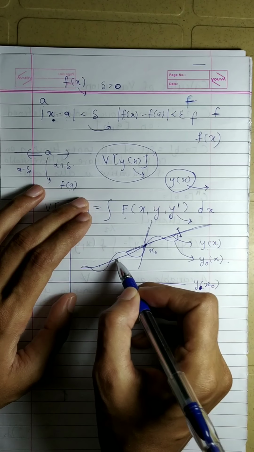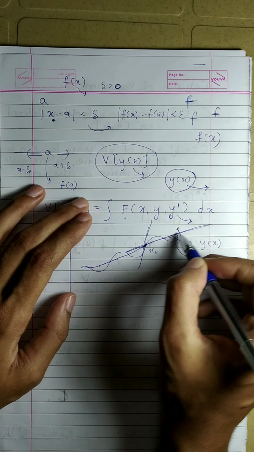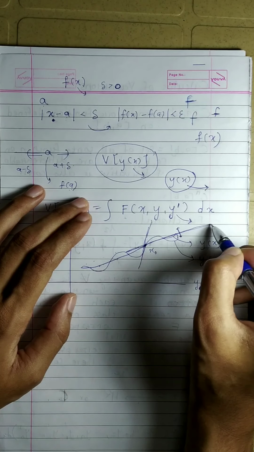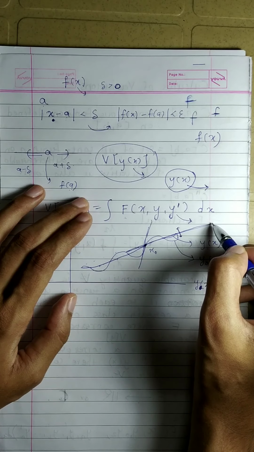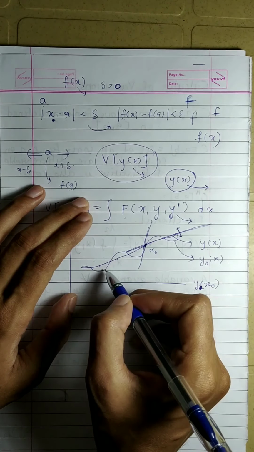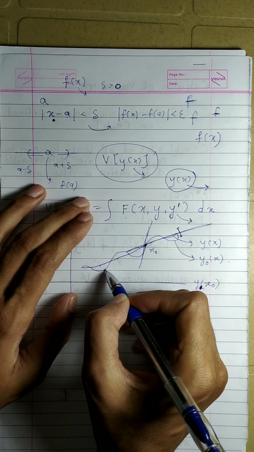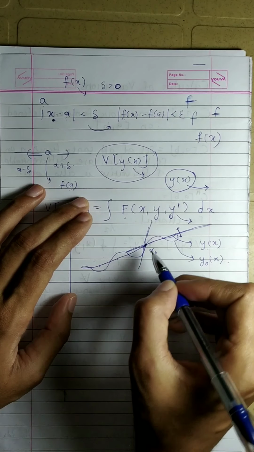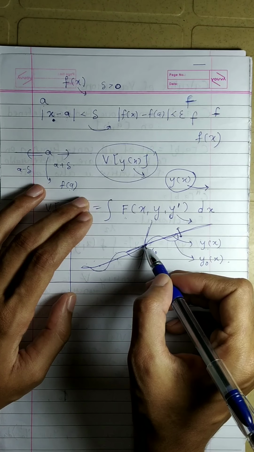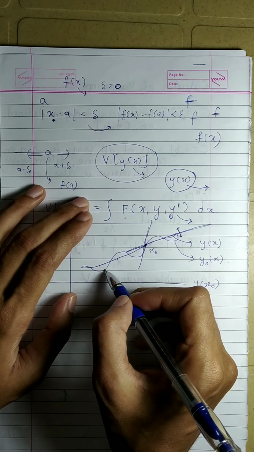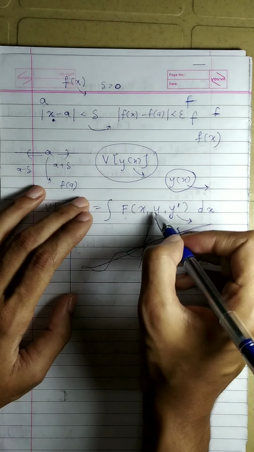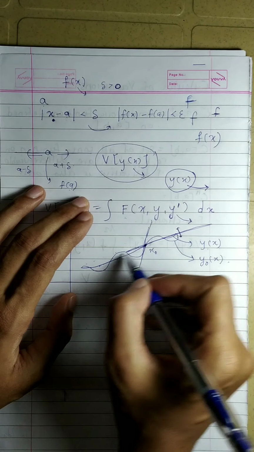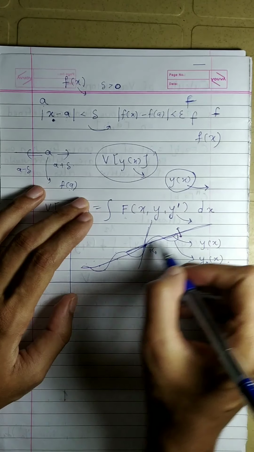This is y of x, okay, and this is the tangent. So you can see how the slope will be, and this is the curve y naught of x. Okay, and again at the same point x naught, for this second curve the slope is this. So there is a very big variation in this.